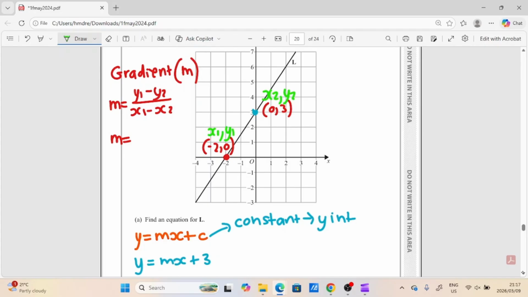So y1 is 0, y2 is 3. x1 is -2, x2 is 0. We just got to work this out. So at the top, 0 take away 3 is -3. At the bottom, -2 take away nothing is -2. And so we've got -3 over -2. And minuses cancel, so we've just got 3 over 2.